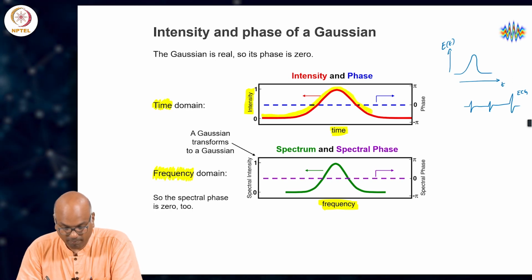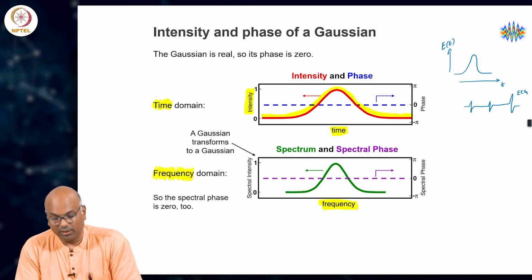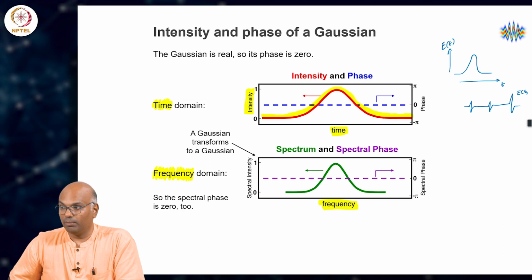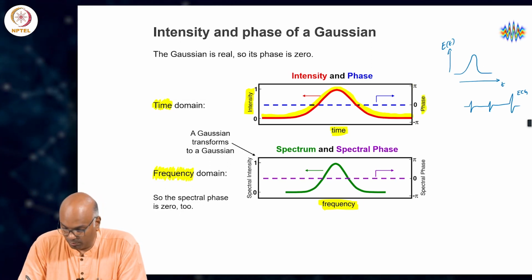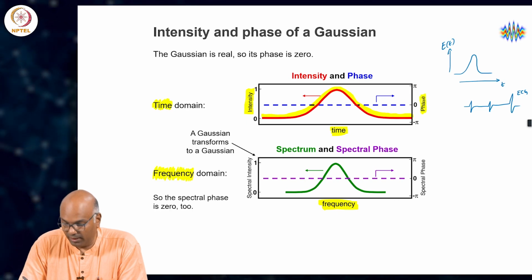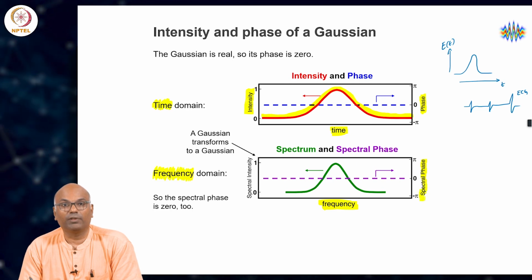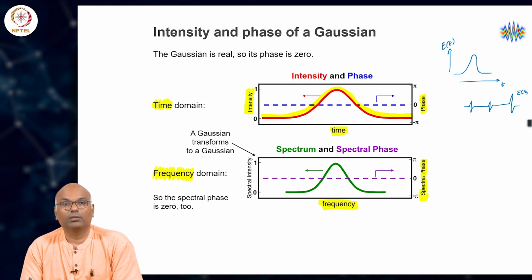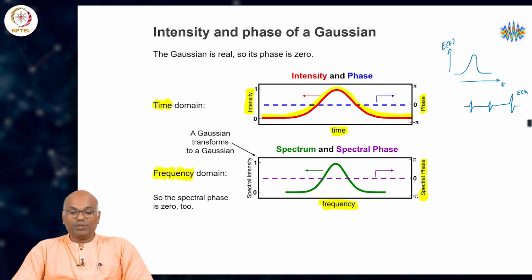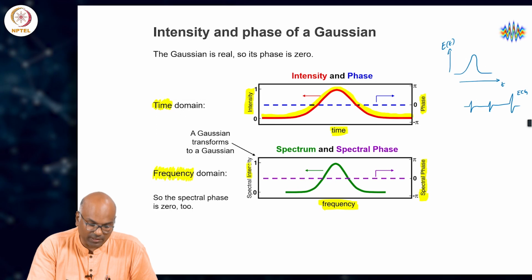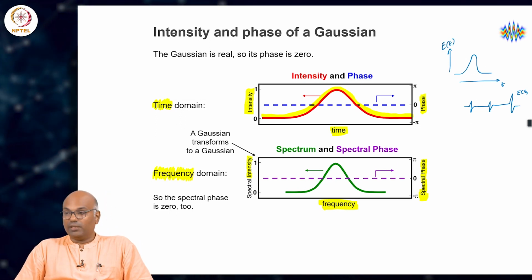That is also the intensity envelope which we were talking about, and on the other axis, in both cases, we should have a phase, again the temporal phase and the spectral phase. All right. So, we should have this pair of intensity and phase, temporal intensity and temporal phase, or the pair spectral intensity and spectral phase.